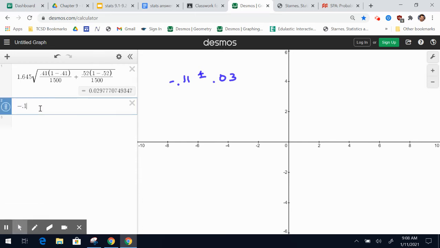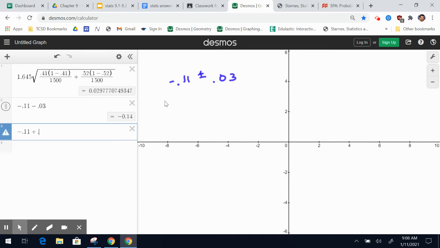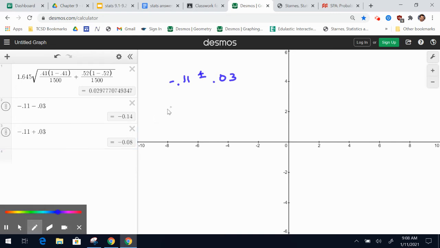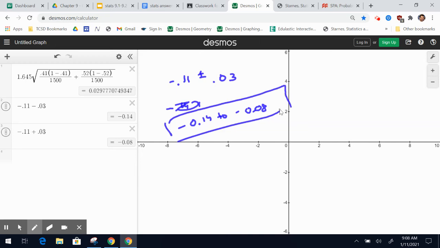So negative 0.11 minus 0.03 is negative 0.14, and negative 0.11 plus 0.03, that's negative 0.08. So we have negative 0.14 to negative 0.08, and that is our confidence interval. And now it's time to do our conclusion. Okay, and now let's write our conclusion.